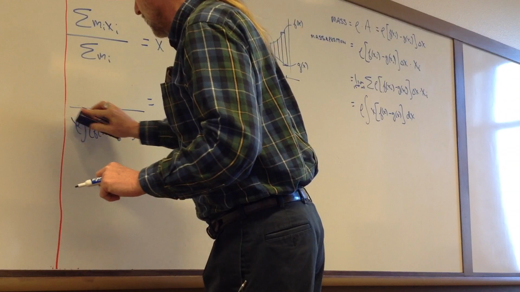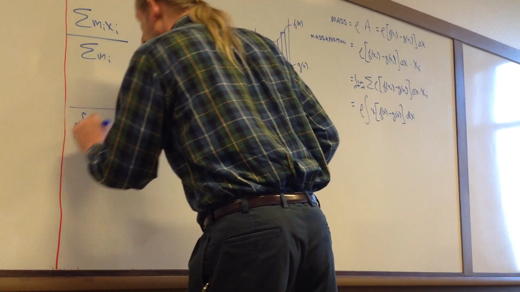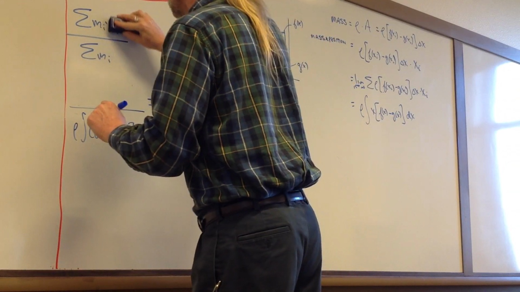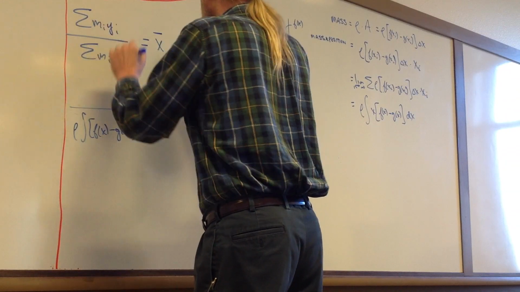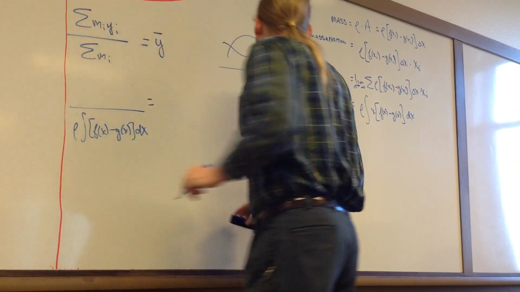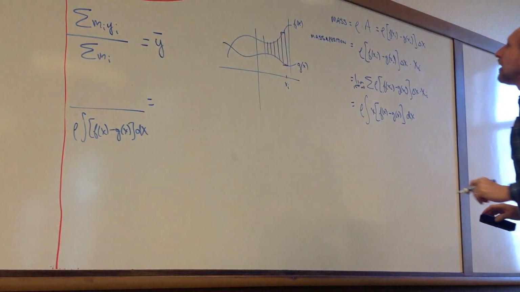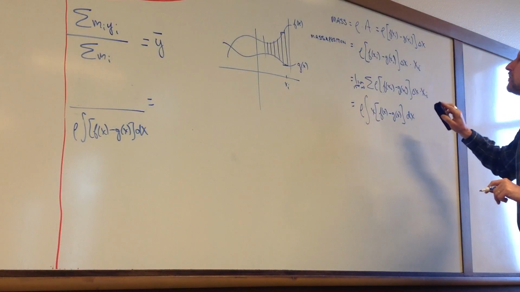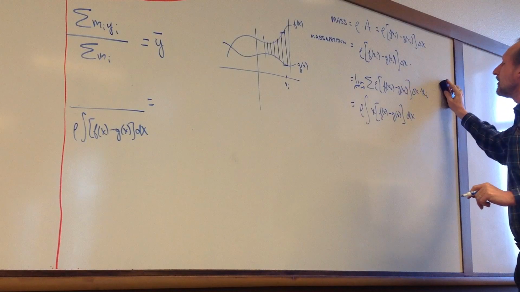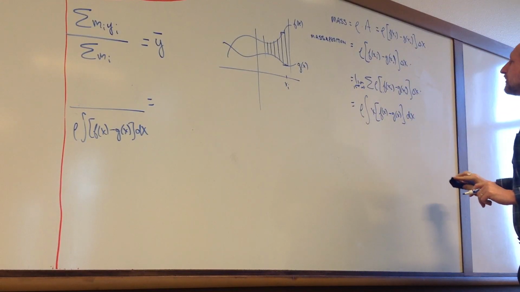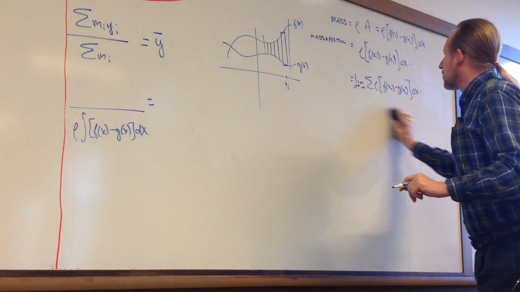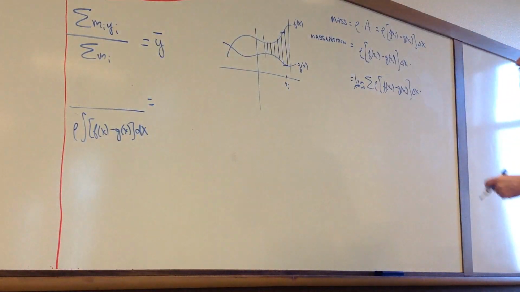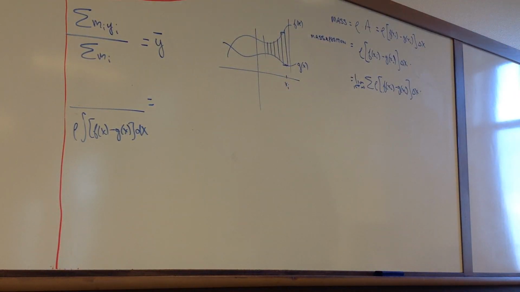Change the numerator. Denominator is going to stay the same. Here, this is going to be y sub i, because now we're doing y bar. So the area stays the same, and it's the position that's going to be different. How is that position going to be different?